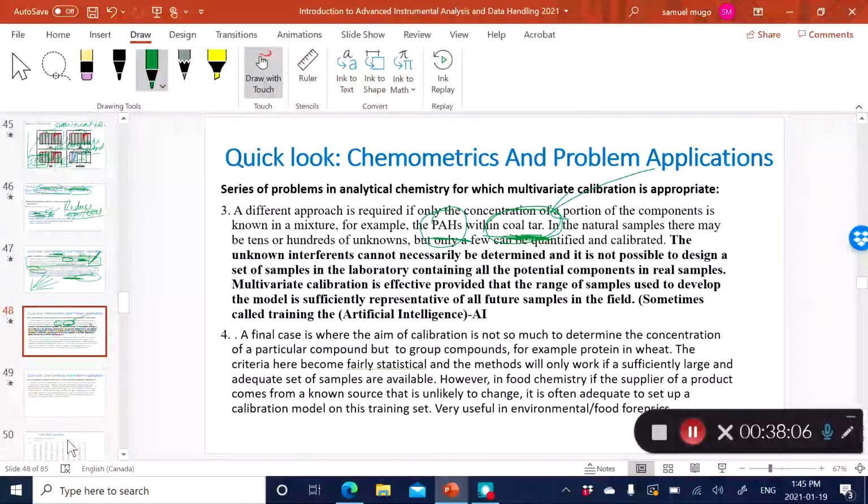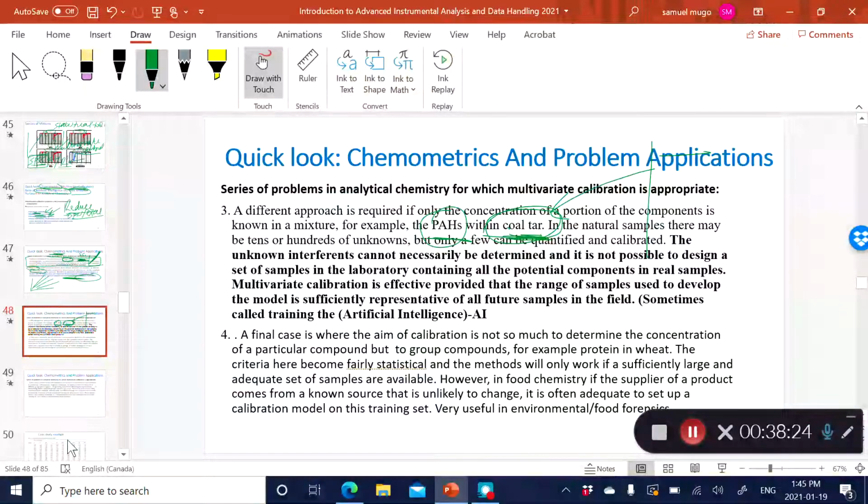And it's impractical, of course, to try and generate all the compounds that are present in the coal tar and make standards of all the compounds that are present.